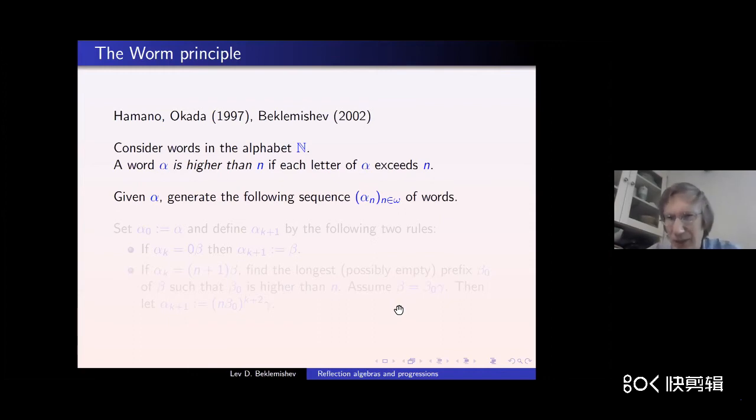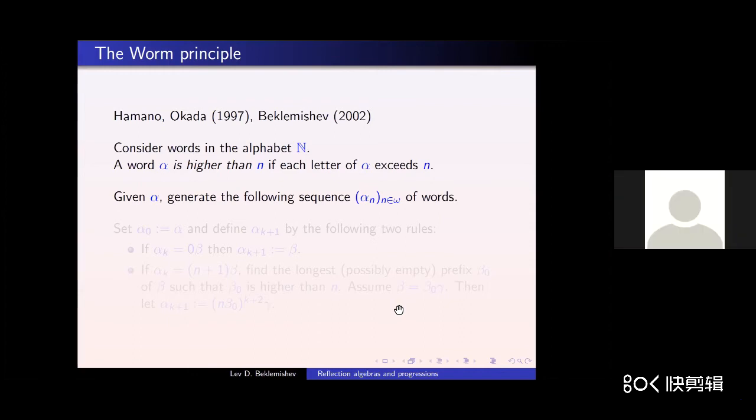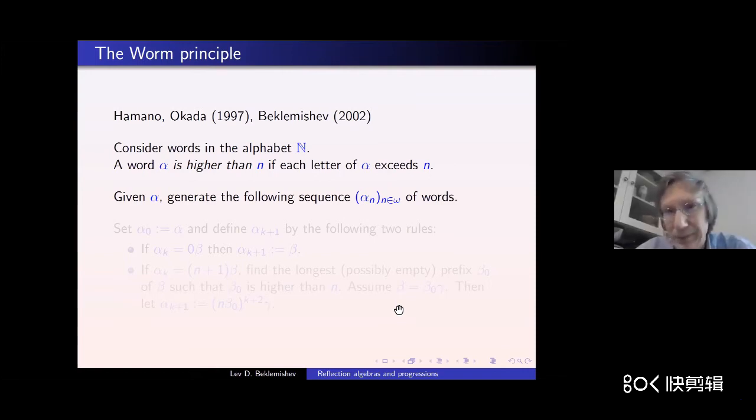So it deals with a particular game to be played on words in the alphabet of natural numbers. We consider finite strings of natural numbers, which we call words, or worms sometimes. Words will be denoted by Greek letters, such as alpha, and we define a word alpha to be higher than n, a natural number, if each letter of alpha exceeds n.